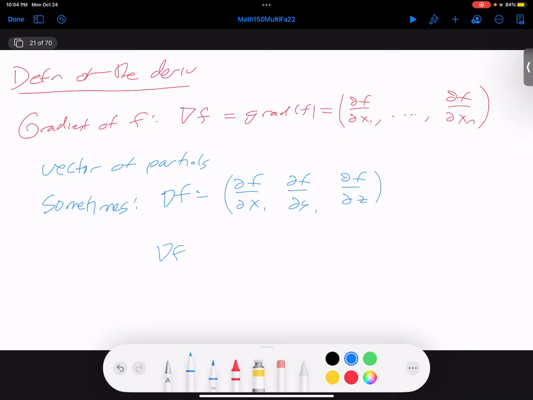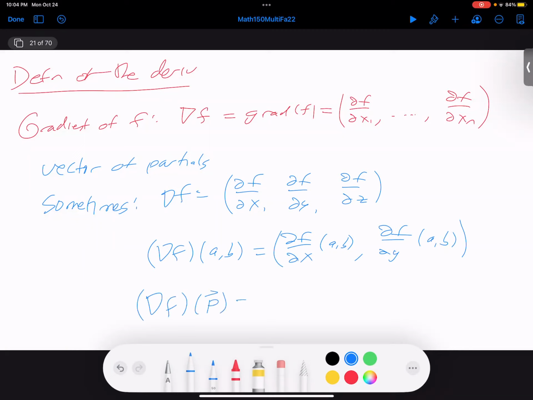Or the gradient of f at the point (a, b) might be df dx evaluated at the point (a, b), df dy evaluated at the point (a, b). Or more generally, the gradient of f at some point P would be df dx1 at the point P, dot dot dot, df dxn at that point P.